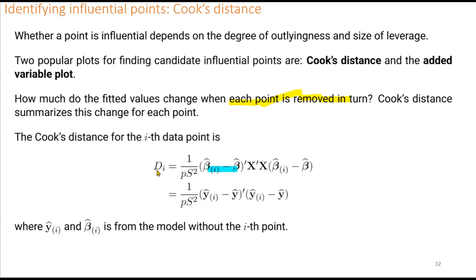Hence, a large Cook's distance will flag up the possibility that the ith data point is an influential point. Alternatively, you can make the substitution and write it in terms of comparing predicted values instead of comparing changes in the parameter estimates.